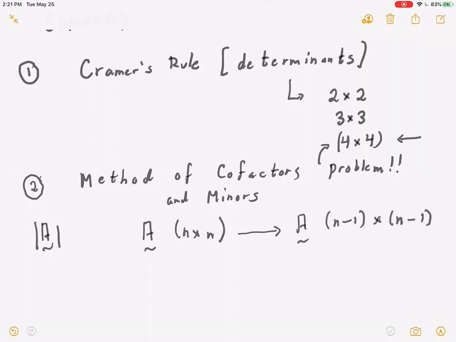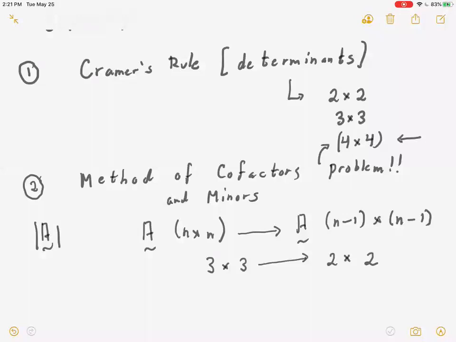So in the previous examples we've looked at, we had matrices whose determinants were of order 3, and we reduced them using the method of cofactors and minors to the problem of just evaluating the determinants of matrices of order 2.